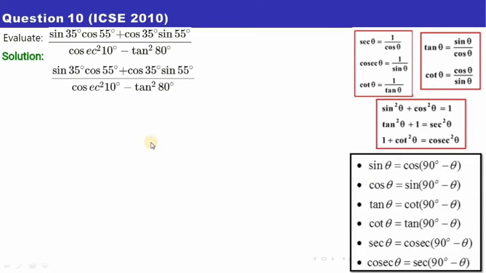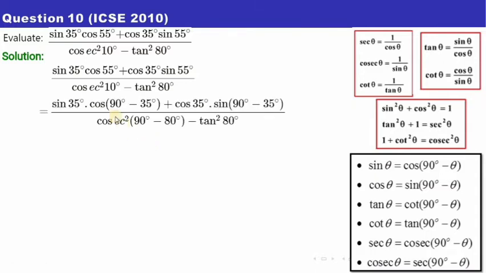Now, the next rule says that change any one of them, keeping the other one unchanged. So that's why here you see I've changed 55 degree, 35 degree is kept as it is. Okay, so this 55 can be written as 90 minus 35. Here also I told you, if you are changing one angle, you have to change the same angle in the other one also.